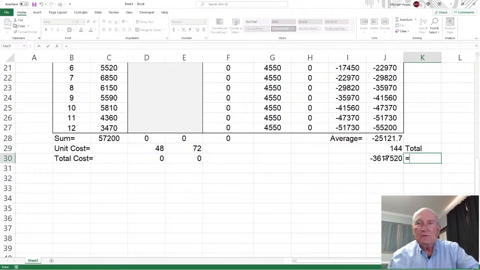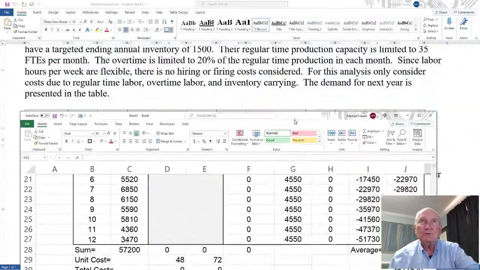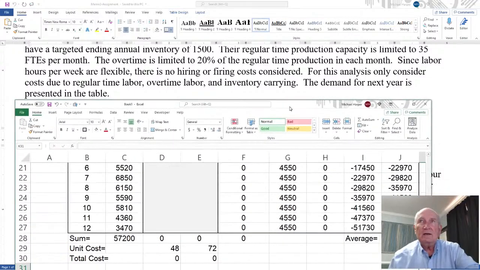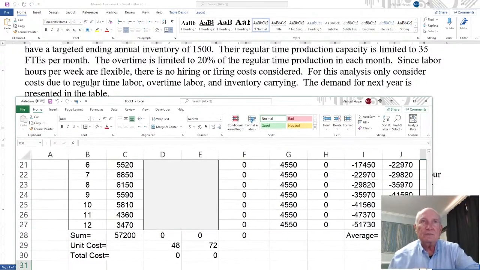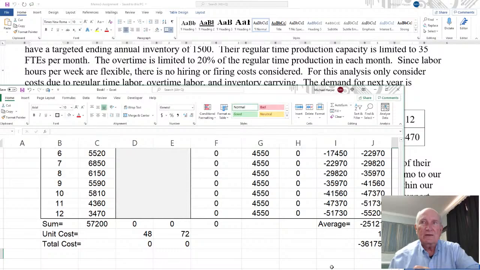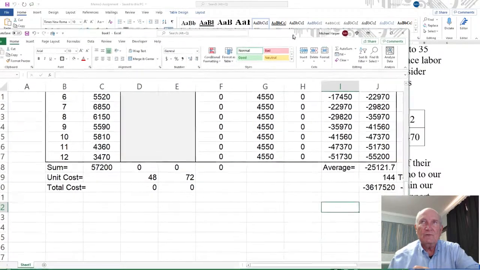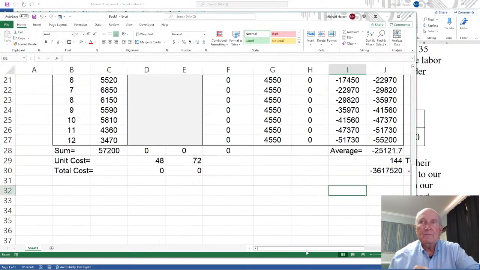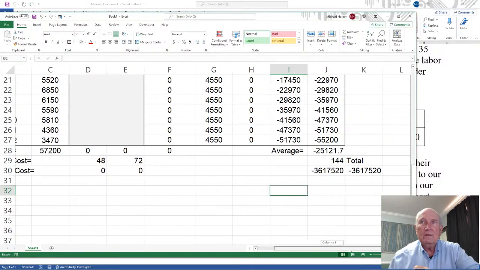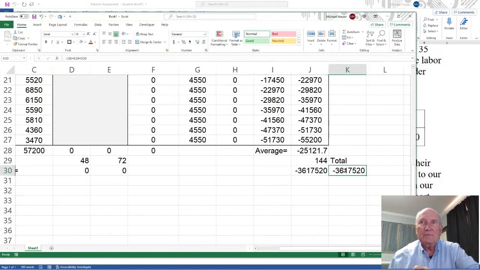That will equal this plus this, because that's pretty much what we said here. For this analysis, consider only cost due to regular time, overtime, carrying. There's regular time, overtime, and over here behind my face again is the carrying cost. Let's bring it over. And there's the carrying cost. So this right here would be the total.